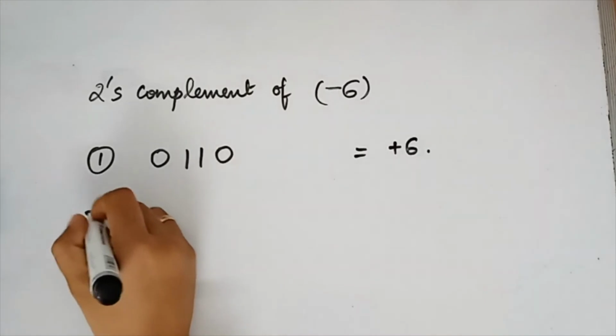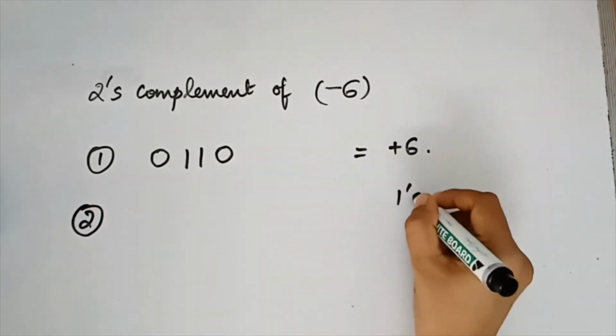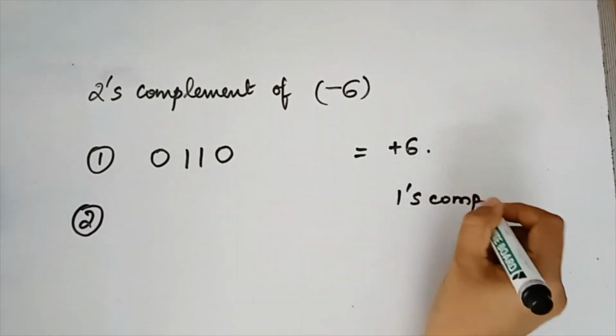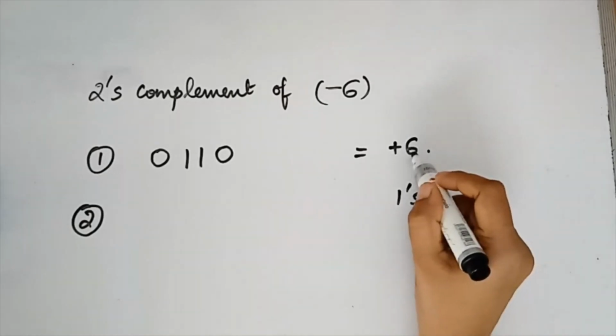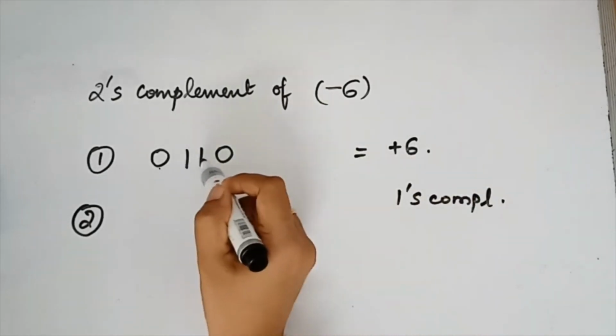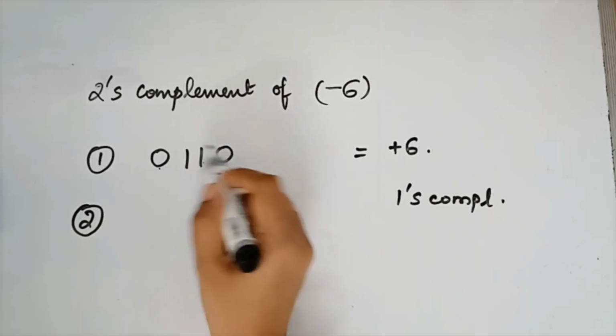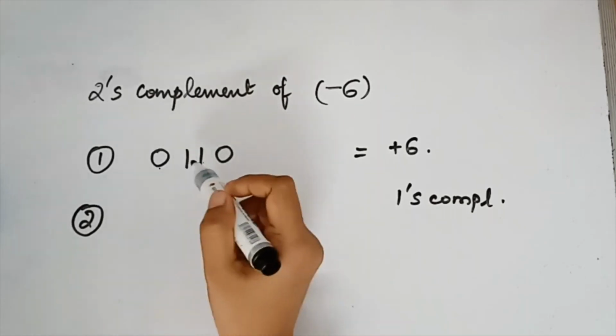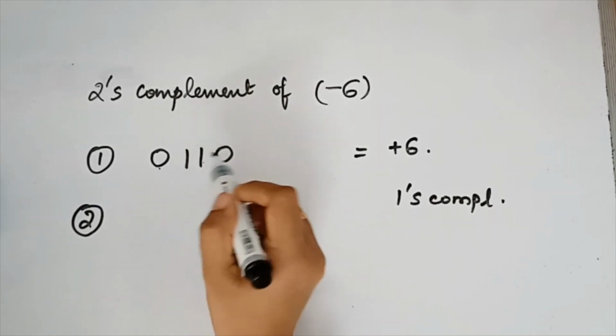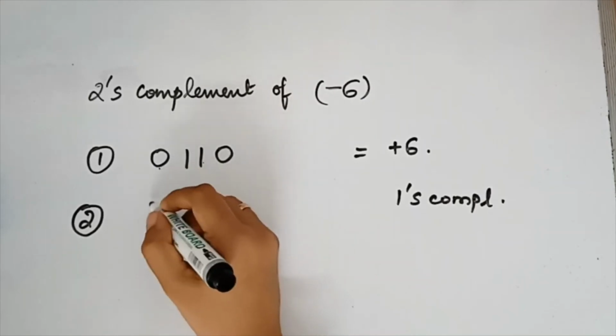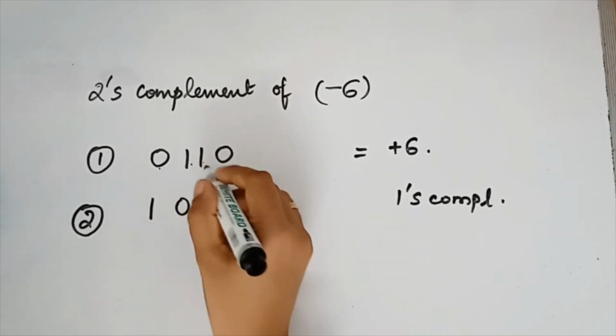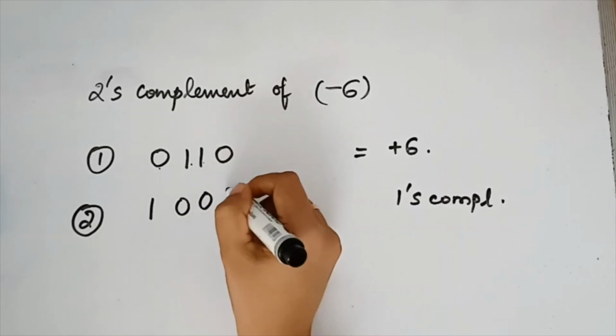Then second step is 1's complement. That is complement each bit of this positive representation. So 0 becomes 1, 1 becomes 0, 1 becomes 0, and 0 becomes 1.